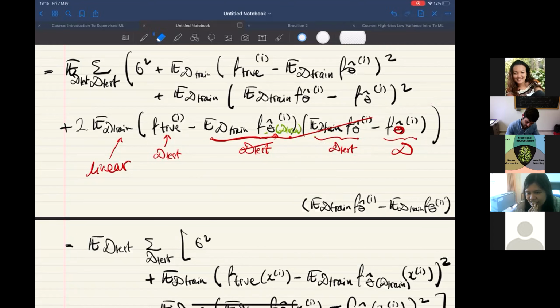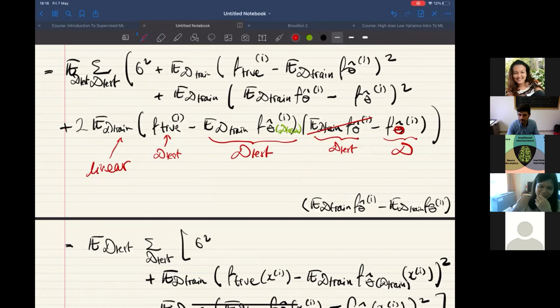Let me try to understand what you say. It's difficult because I cannot annotate. Okay, your problem is that I'm saying that this is a function only of the test data.